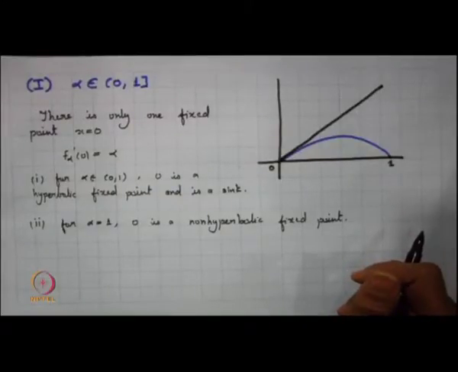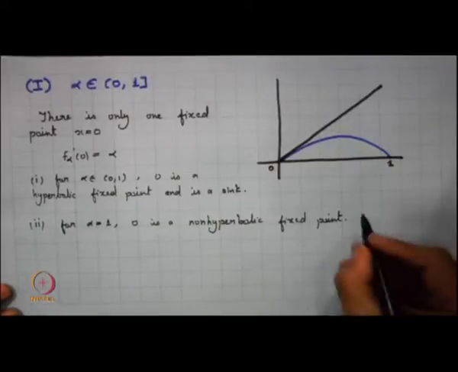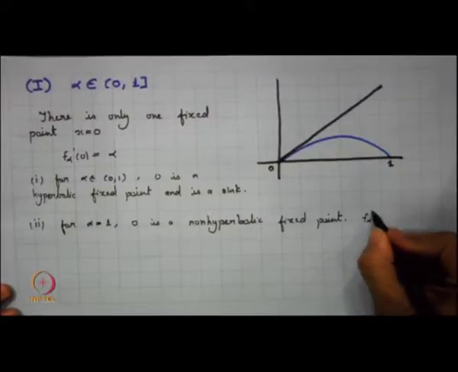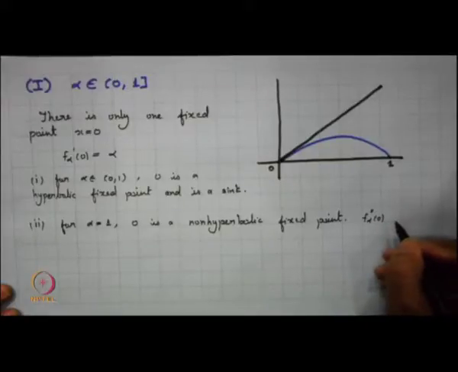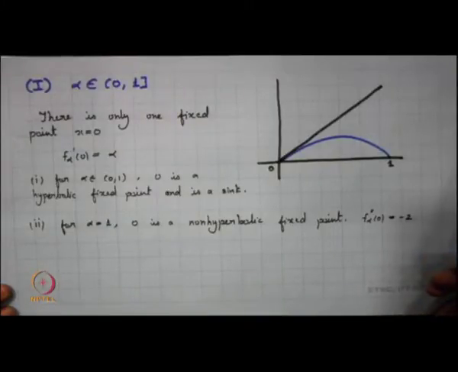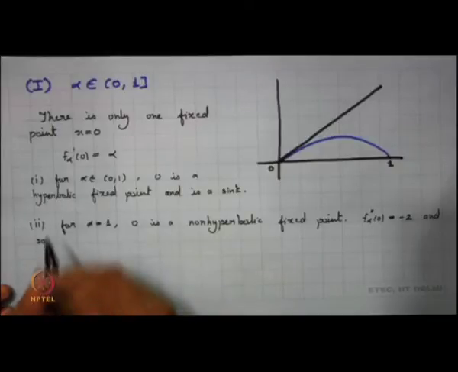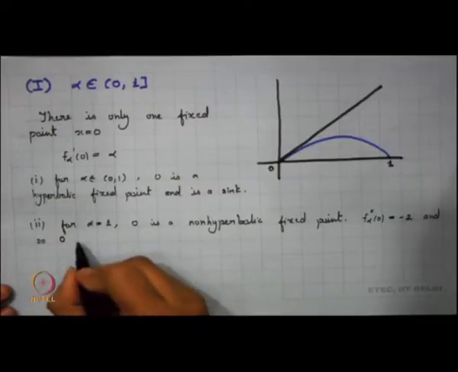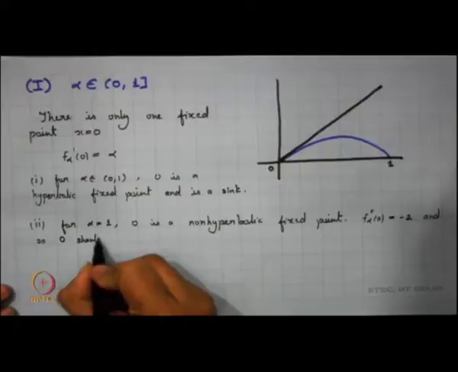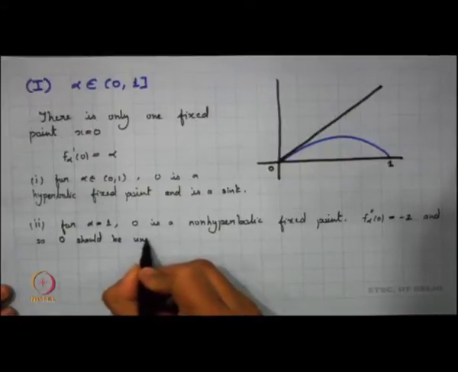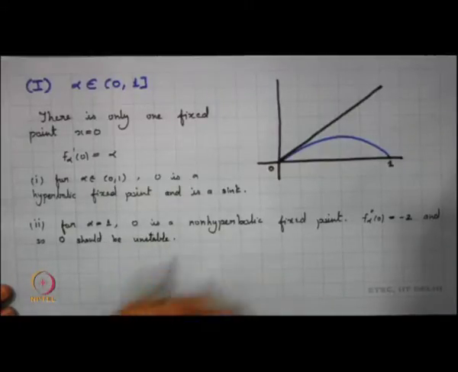What is f alpha double prime at 0? We find here that f alpha double prime at x is equal to minus 2 alpha. So, this happens to be equal to minus 2, which is not equal to 0. And so, we can say that this point 0 should be unstable.